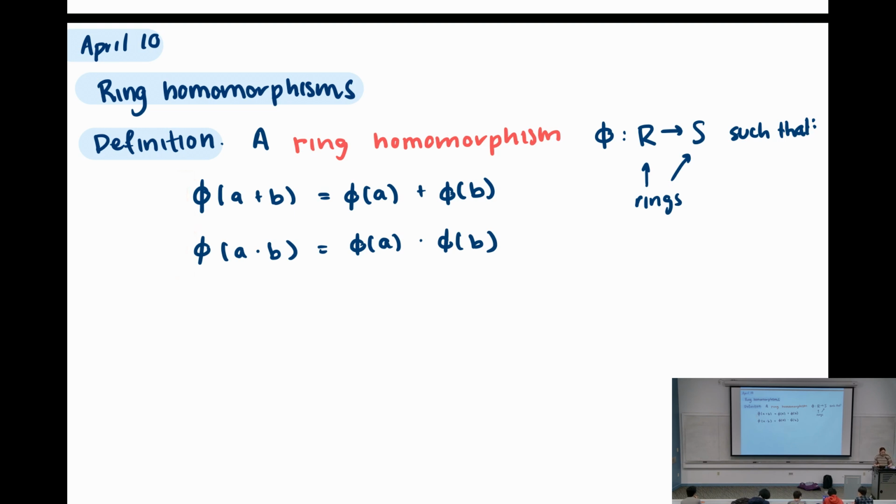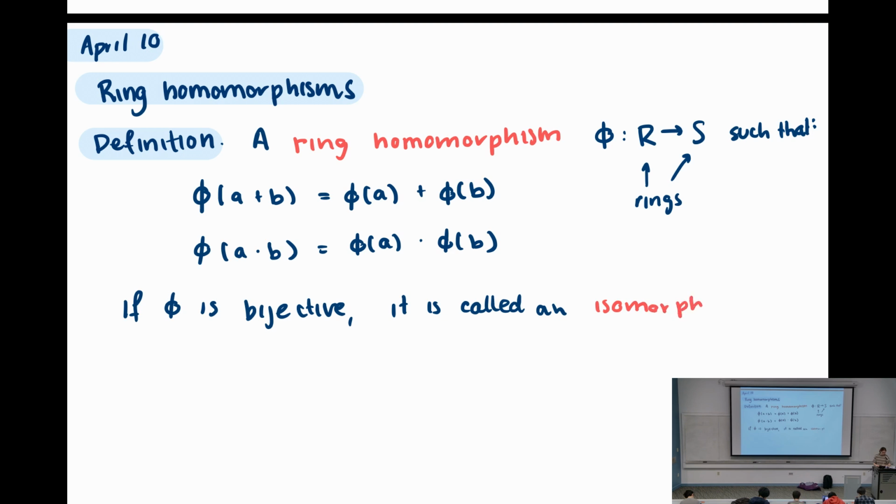And if your function phi is bijective, it is called an isomorphism. Okay, so these are ring homomorphisms.